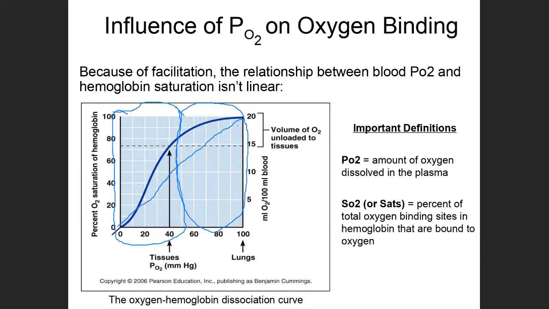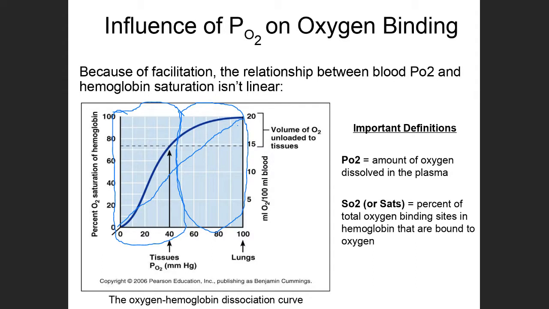The whole role of the blood is to pick up oxygen, distribute it to cells that need it, and pick up carbon dioxide as well. So if we have low levels of oxygen in the plasma, that's a problem. When that's the case, hemoglobin is not going to be so stingy with its oxygen, and it's going to start giving it up very rapidly.